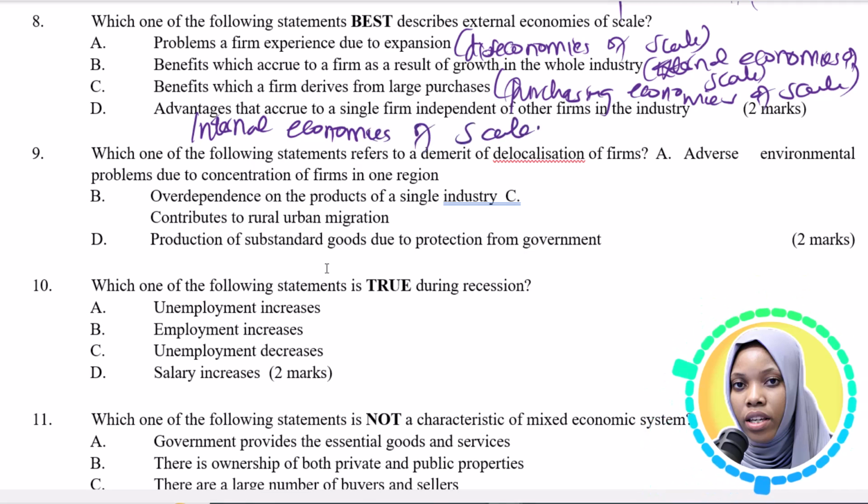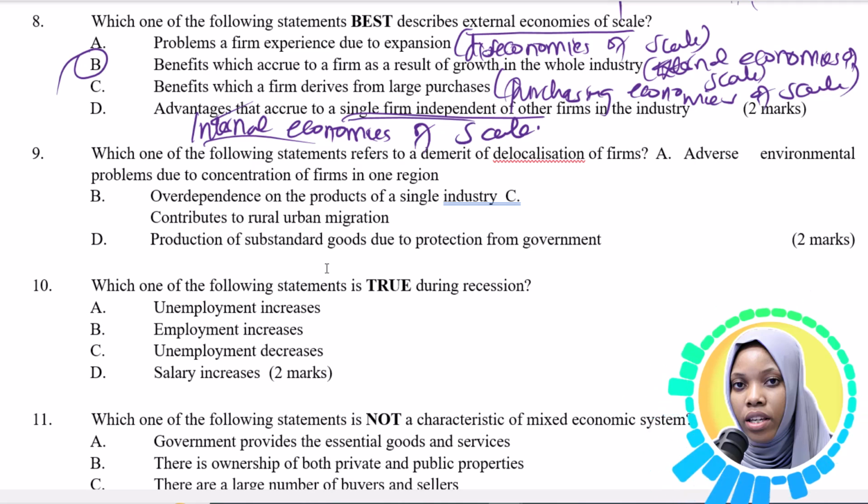So the examiner wants us to choose the statement that best describes external economies of scale. So our choice is choice B, benefits which accrue to a firm as a result of growth in the whole industry. A single firm, independent, is internal economies of scale.